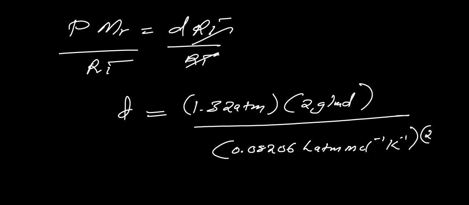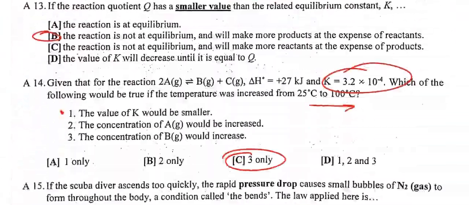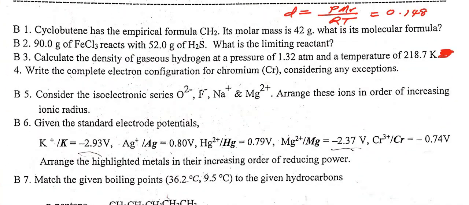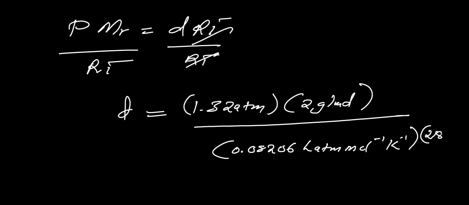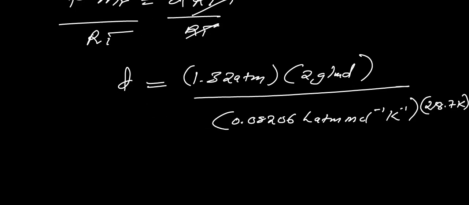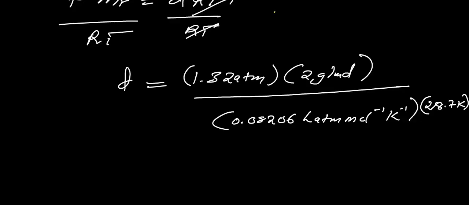The temperature was given as what? Was it 218.7? 218.7 kelvins. So from here now, I want to cancel the units so that you see how the density is going to come out. The mol cancels out, the atm cancels out, the K and the K cancel out.